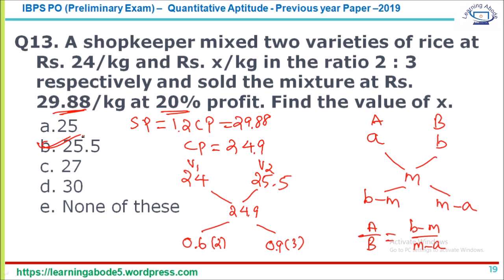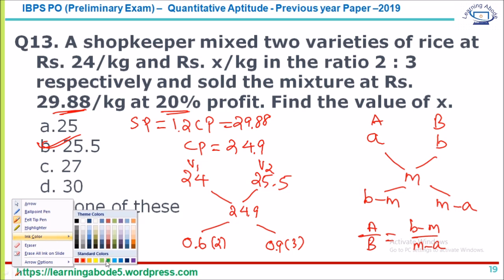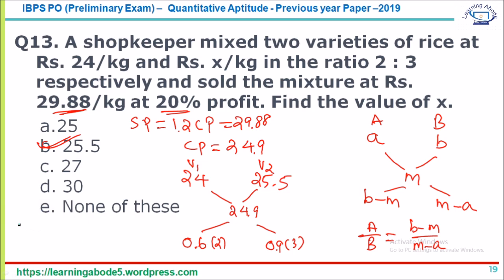I am deliberately not going for the conventional equation writing, as you anyhow know how to do that. But if you want me to write it: 24 is the cost of variety 1, which is 2 parts, plus variety 2, whose cost we don't know, which is 3 parts, whole divided by 2 parts plus 3 parts.